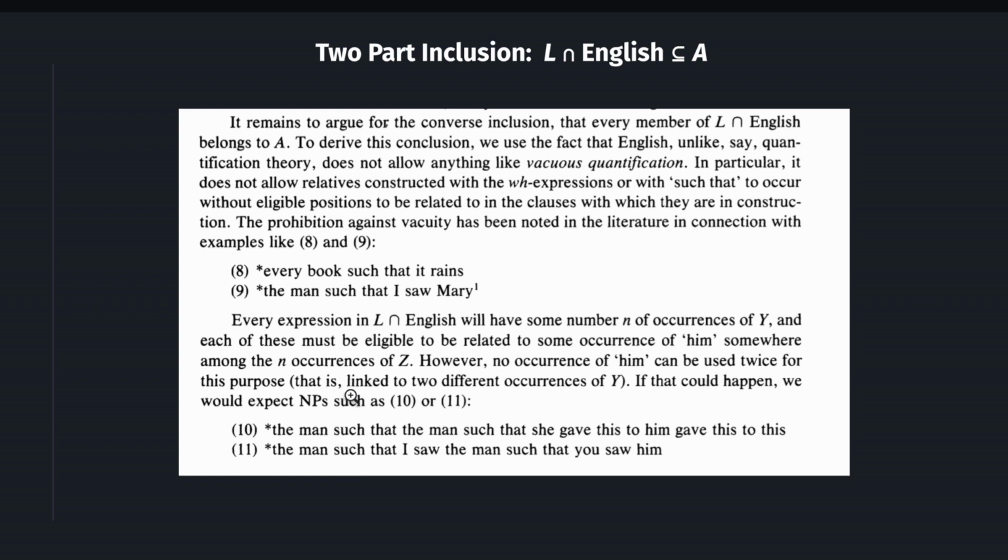So every expression in L intersect English will have some N occurrences of Y, and each of these must be eligible to some occurrence of him so that we get a good match of nouns and pronouns.